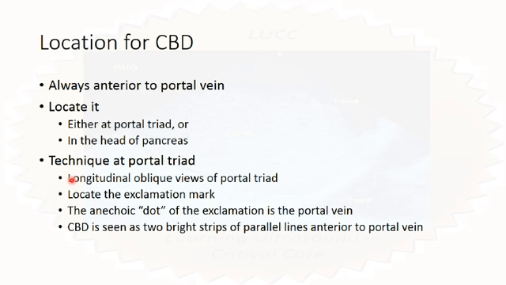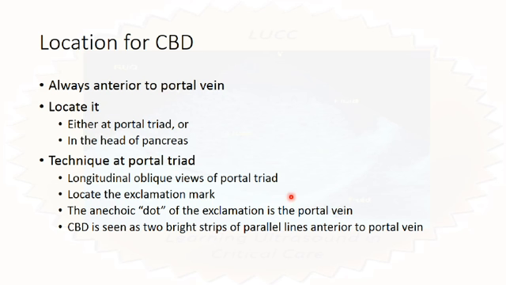Okay, at the portal triad, the first thing that you do is to get the longitudinal views of the portal triad. So obviously, these are oblique views, which means that you get the exclamation mark, and the dot of the exclamation is actually the portal triad, and the main components of the portal triad are the common bile duct, the hepatic artery, and the portal vein.